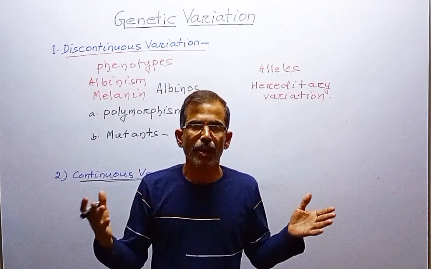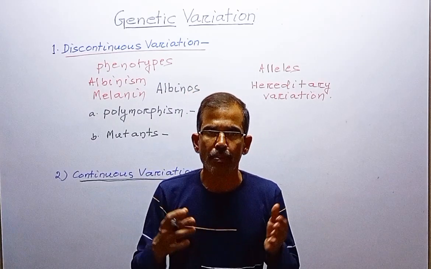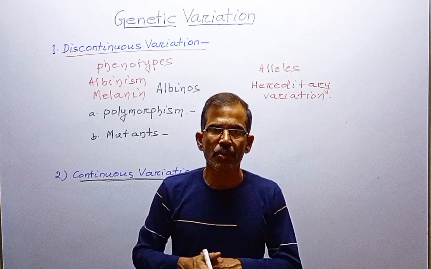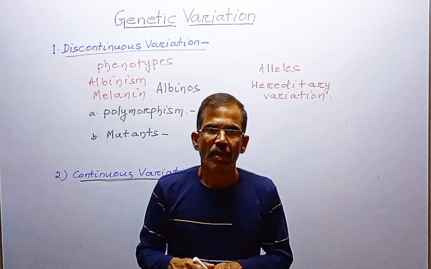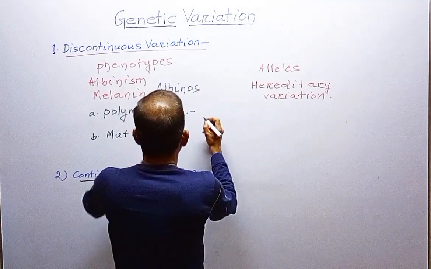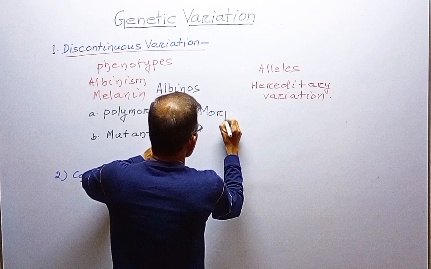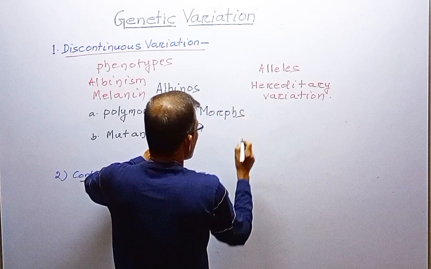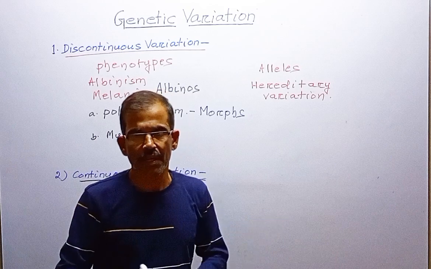In a natural population, the existence of two or more common discontinuous variants is called polymorphism. Various forms are called morphs. It is often found that different morphs are encoded by different alleles of a single gene.